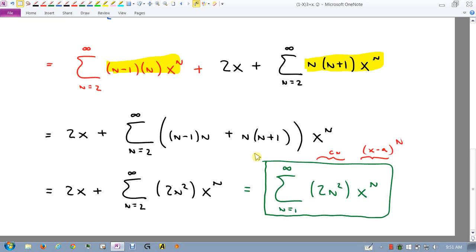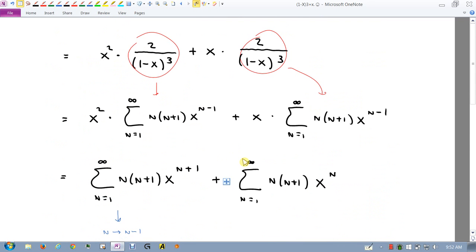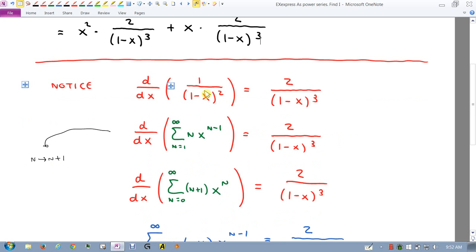And now we never got the interval of convergence. But if you go back, remember when we were doing this part, I said you had to go back and look at your notes, we used the geometric series. The x part in the geometric series that we used in this case is just x. So it'll be just absolute value of x less than 1.